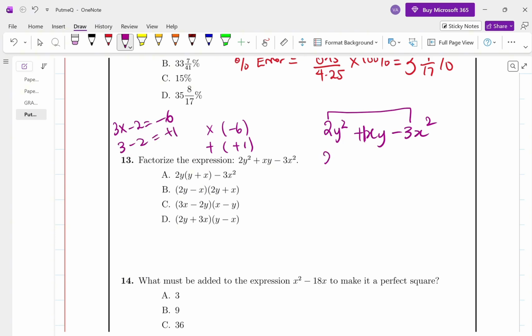So this is 2y squared, let me go with the 3 first, plus 3xy minus 2xy, and then minus 3x squared.